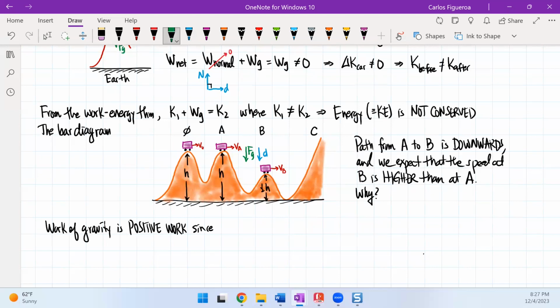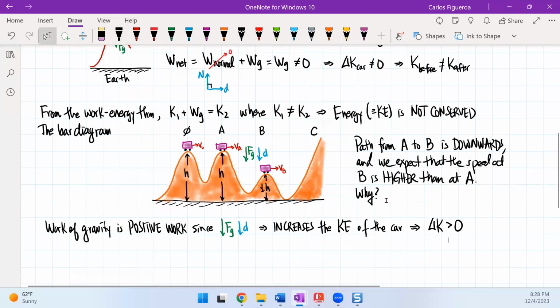In this case, we can see that these two forces are parallel. And if they're parallel, that tells us that it increases the kinetic energy of the car, which then tells us that the change in kinetic energy has to be positive.